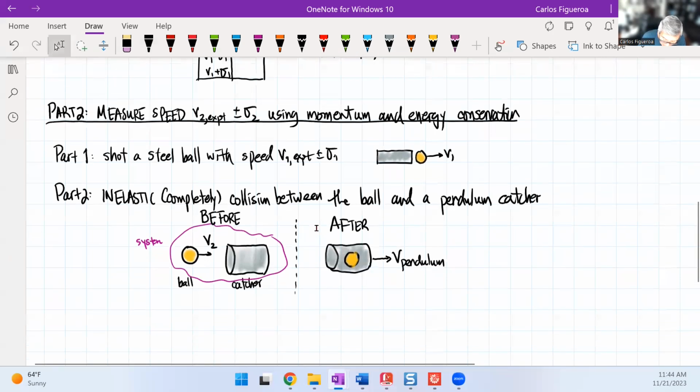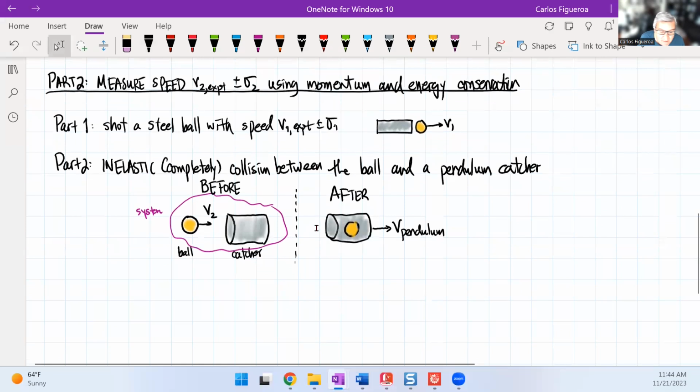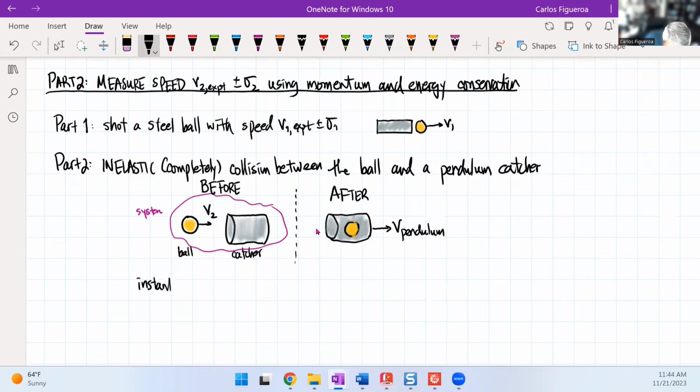Now, can we use momentum in this situation? We know that it's an instantaneous collision. Of course it's not, but that's our assumption. And from here, there are no external impulses acting on the system.